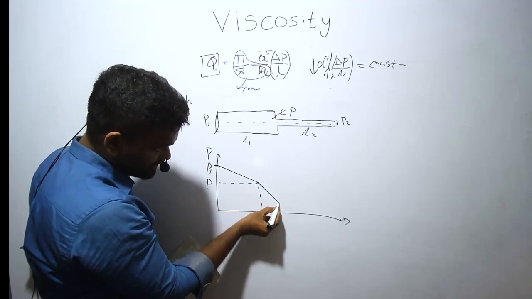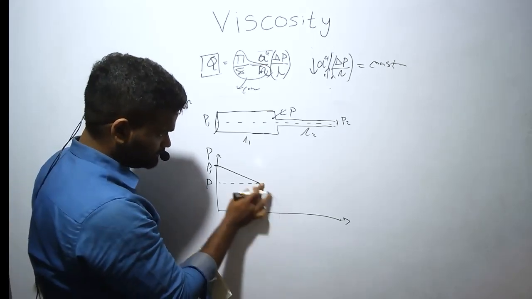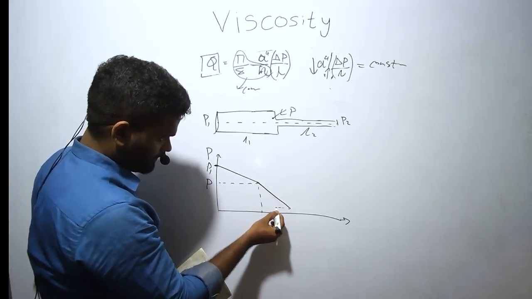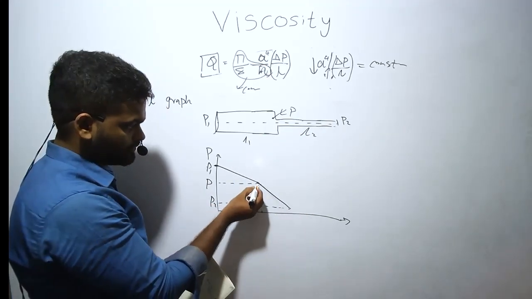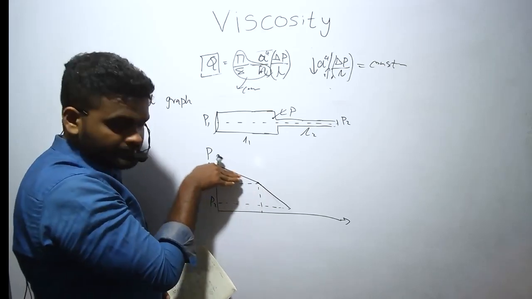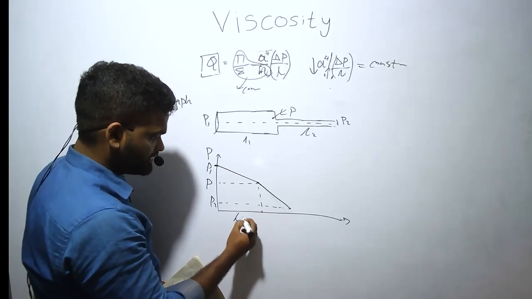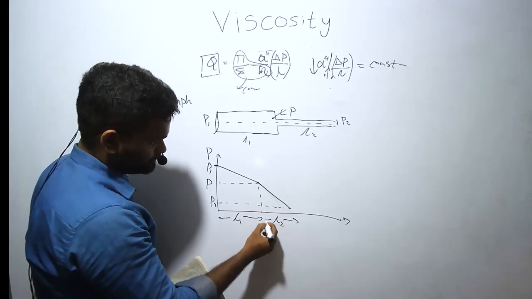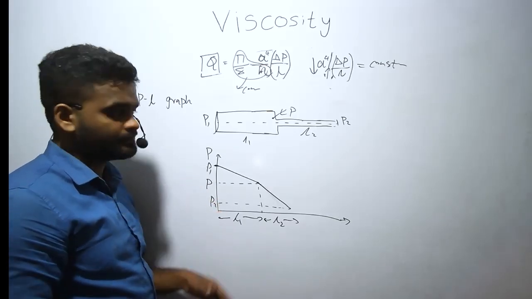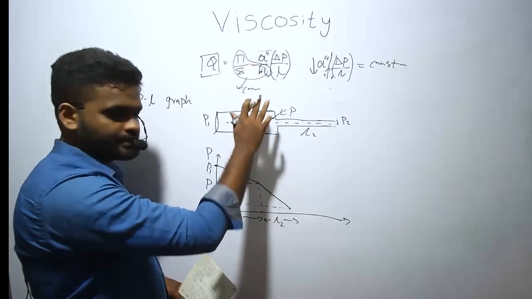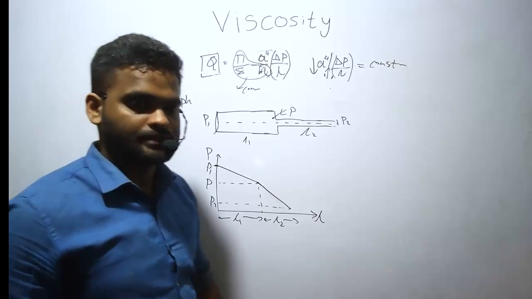Now the slope is larger, like this. Got it? And now the pressure at this end is P2. Understood? Pressure gradient is larger here. So this length is L1, this length is L2. Got it? Just draw this graph. You don't have to draw this one, right? You have already drawn this. Only draw this graph. And thumbs up once you did. If you have any issue, let me know.